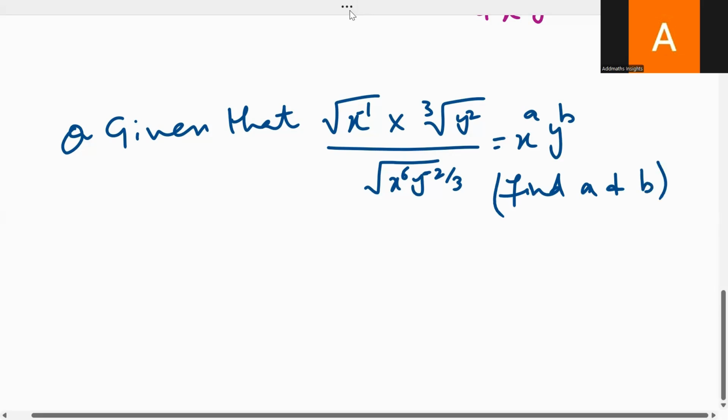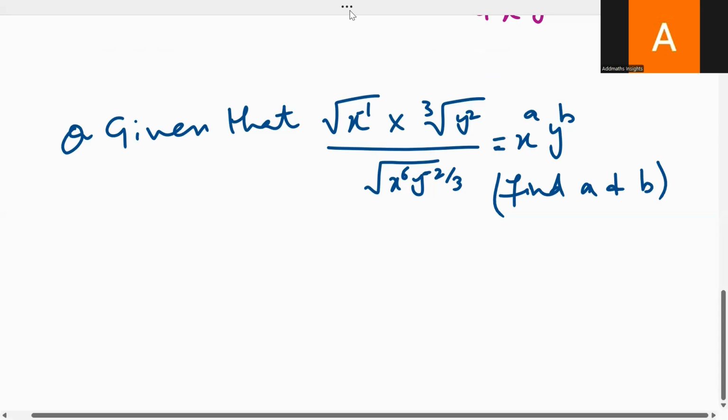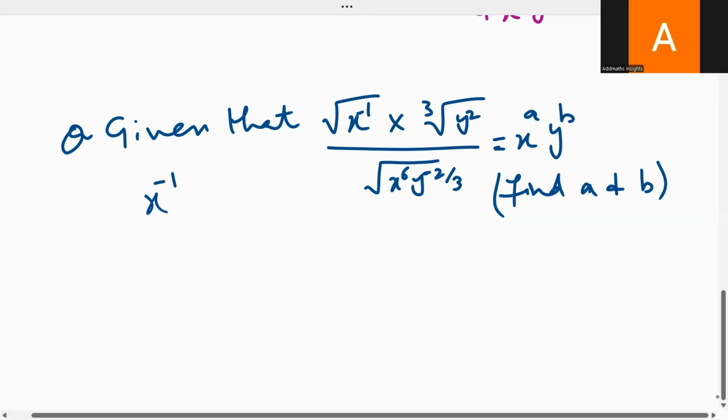Now what you have to do, you need to just solve one of the sides. So first you can simplify all the indices on the left hand side. Like x minus 1, the square root means the whole raised to the power 1 by 2. So you can write like this. We remove this root sign.